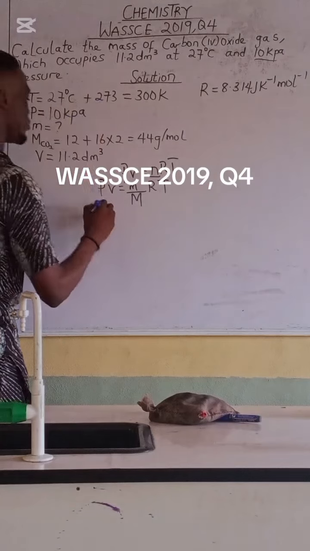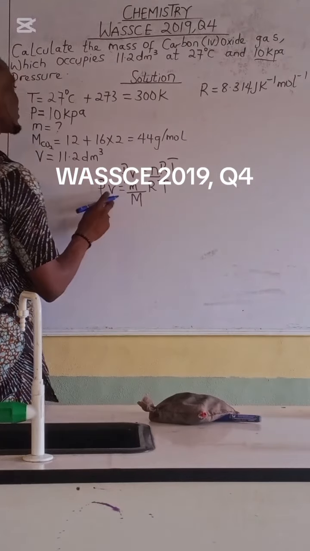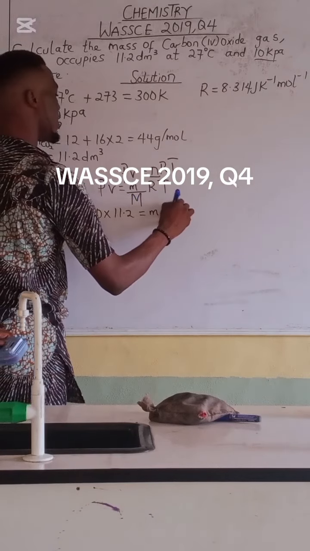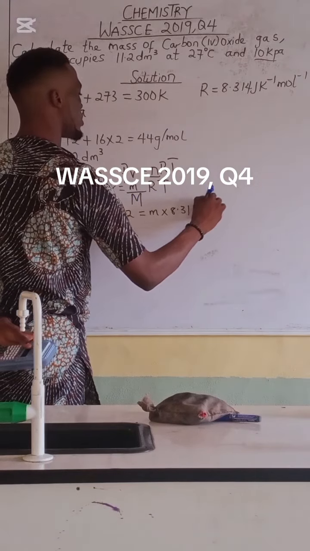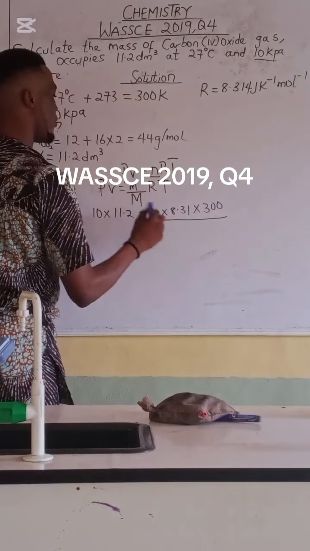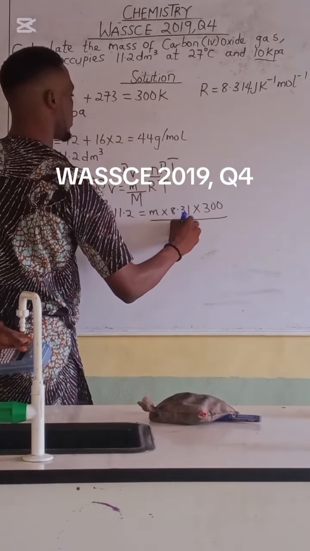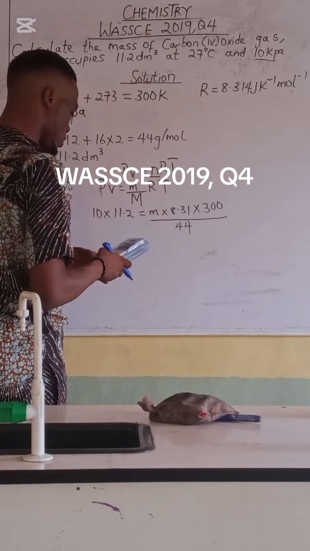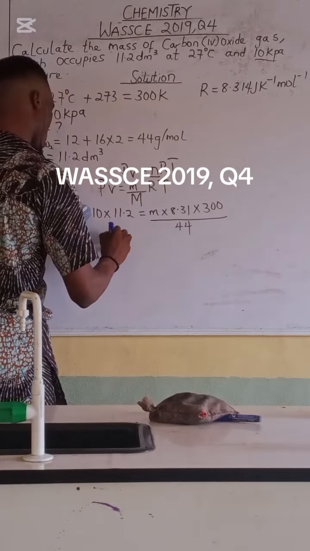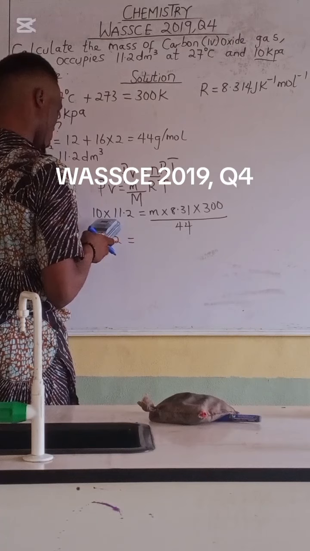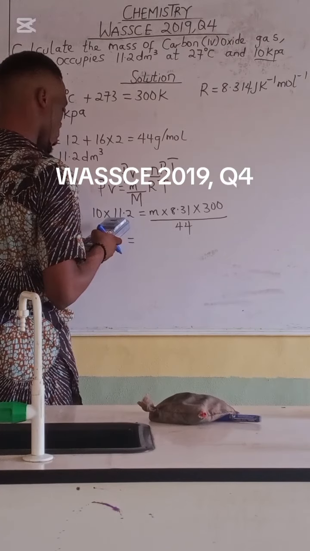Our pressure here happens to be 10 multiplied by our V, which is 11.2, equals mass times 8.31 multiplied by 300 Kelvin all over our molar mass, all over 44. So 10 times 11.2 will give us 112 equals 8.31 multiplied by 300.